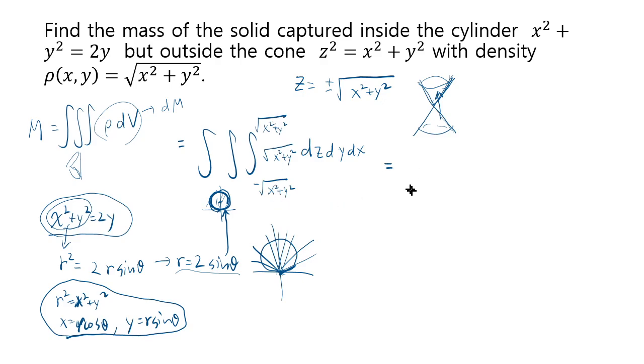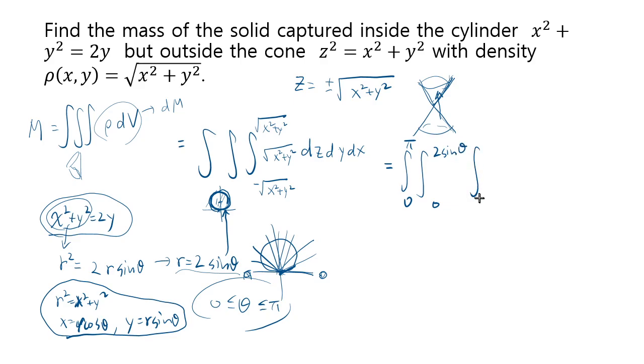So that's nice. Let's change everything into cylindrical. Your rays will only intersect this region if theta is between 0 and 180 degrees, or 0 to pi. So theta goes from 0 to pi, and r goes from 0 to 2 sine theta.